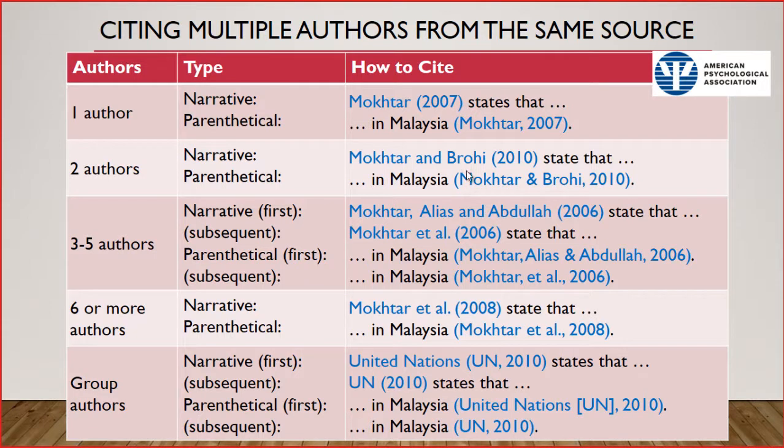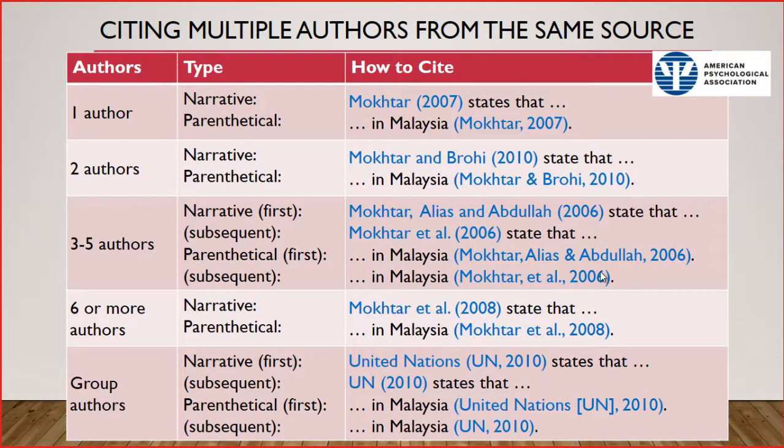But in the case, for example here, parenthetical, 3 to 5 authors. You see, 3 authors. Okay, if you use the citation tool, it automatically will give Muhtar et al., which is incorrect. So you need to look, for any tool, the first occurrence, you cannot have Muhtar et al. if it is 3 to 5 authors.